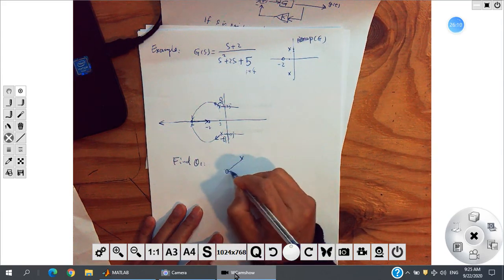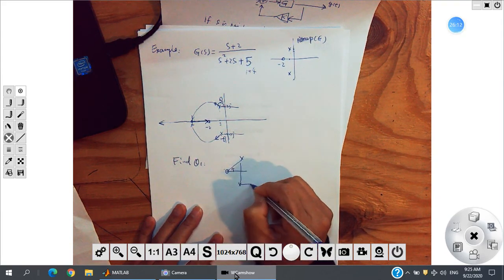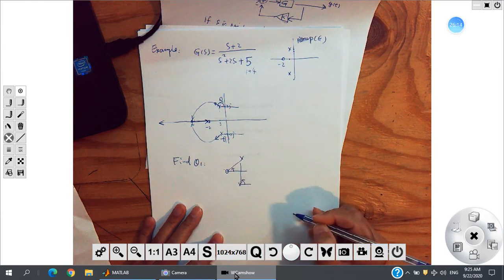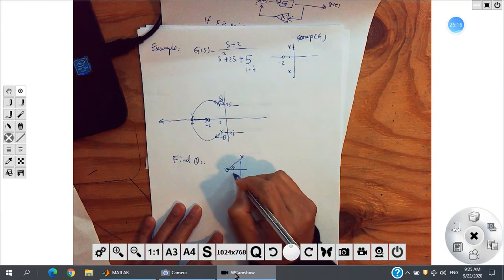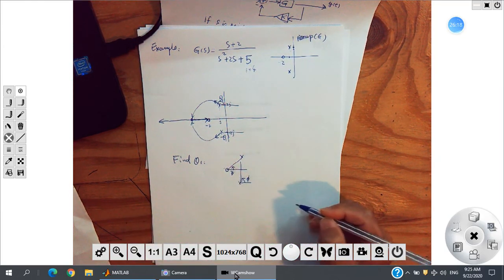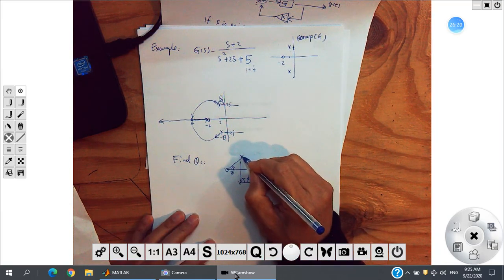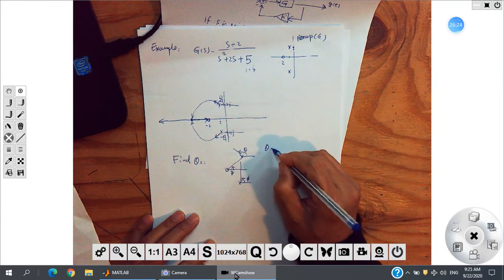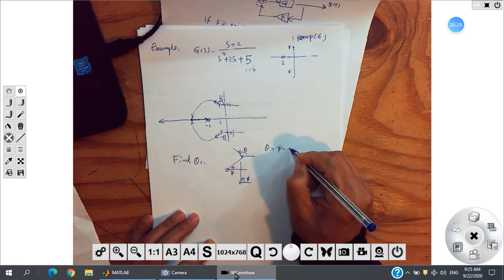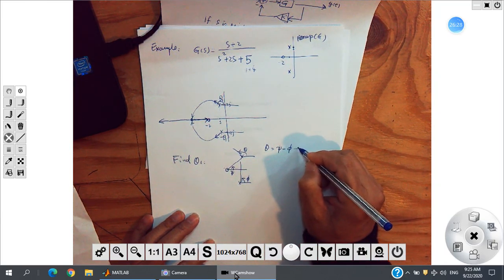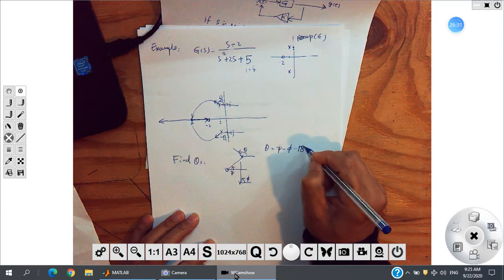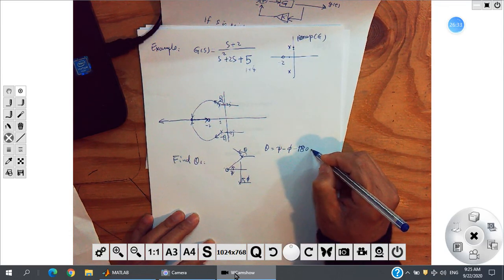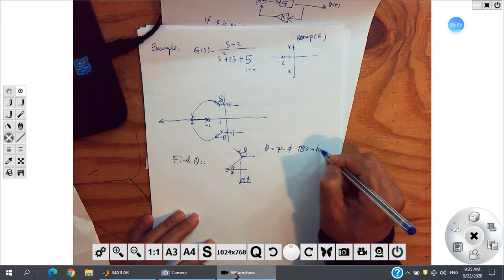We need this angle, phi, and this angle, psi. We only have one phi and one psi. So theta equals phi minus psi plus or minus 180, plus k times 360.